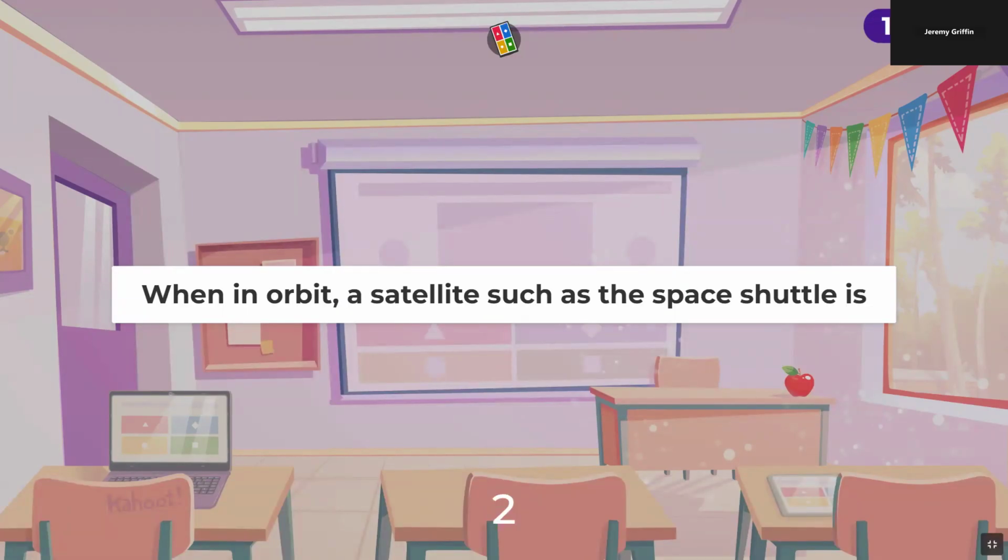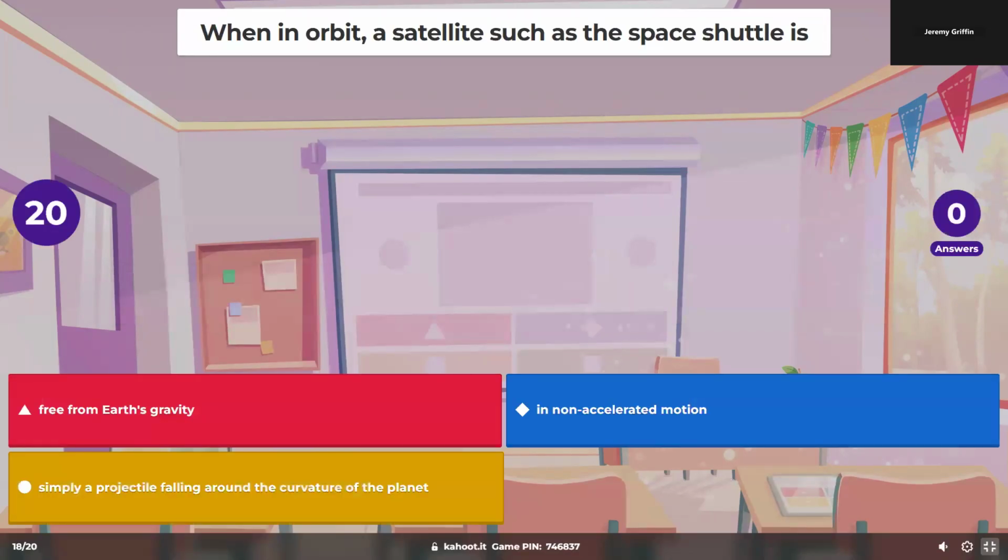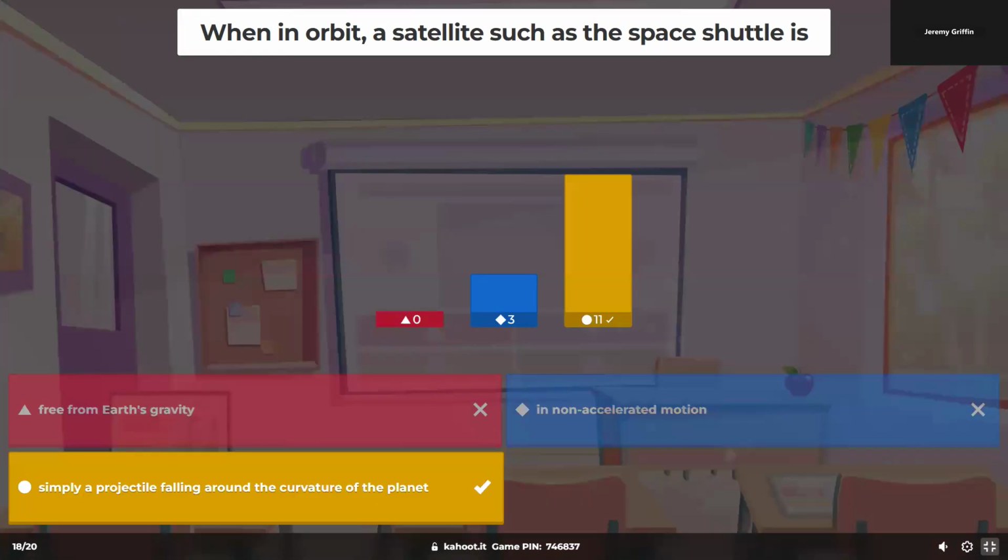When in orbit, a satellite such as a space shuttle: is it free from Earth's gravity? Is it in non-accelerated motion? Or is it simply a projectile falling around the curvature of the planet? Ah, yeah, you guys got it. Right.